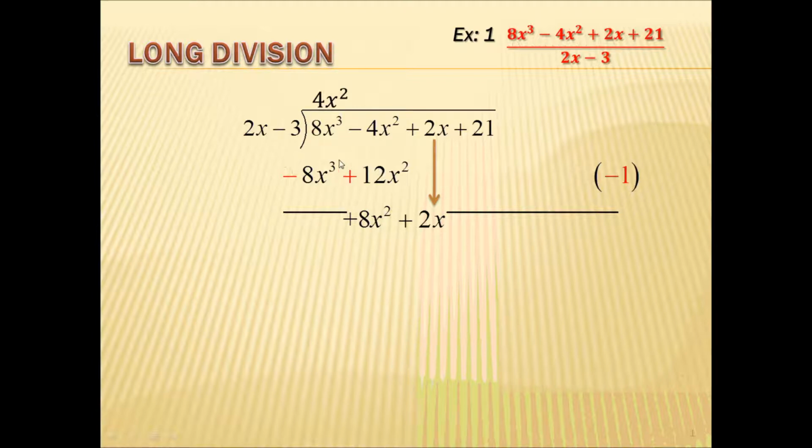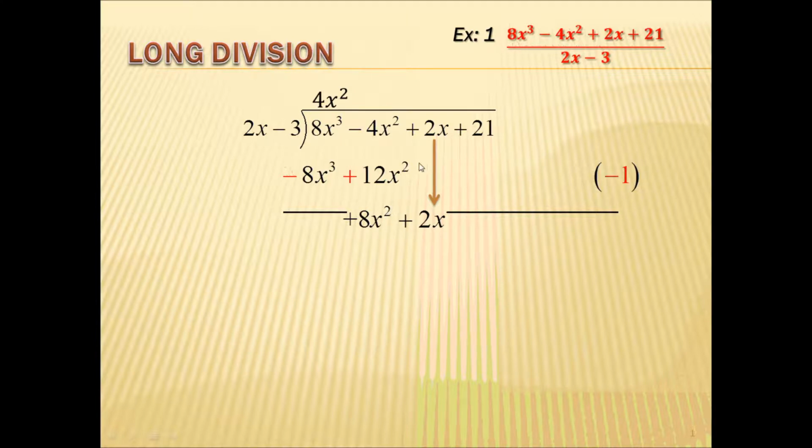So I've multiplied the entire expression here by minus 1, and that changed the signs right there. This was plus, it became minus. This was minus, it became plus. Now if I algebraically add this, I get 0. Algebraically adding these two, I have plus 12x squared minus 4x squared, which will give me 8x squared.